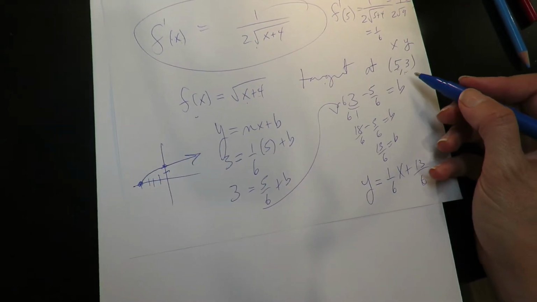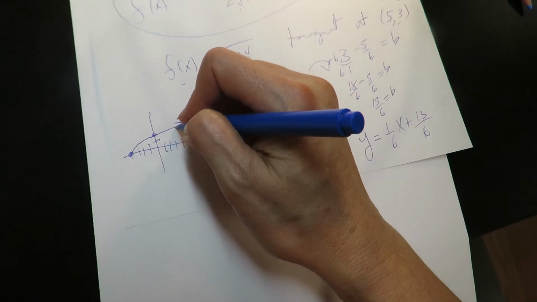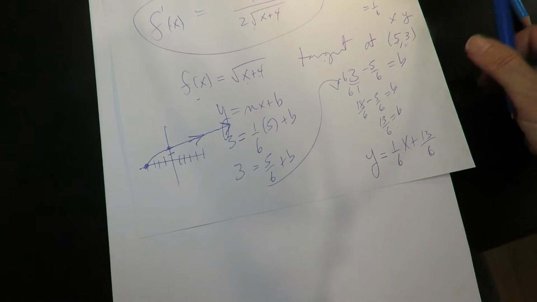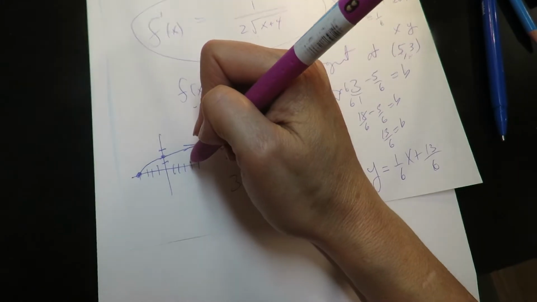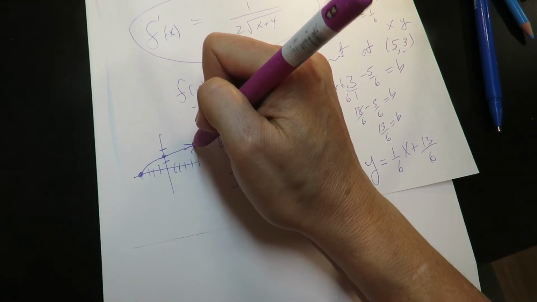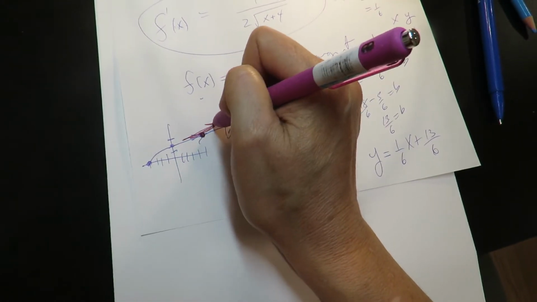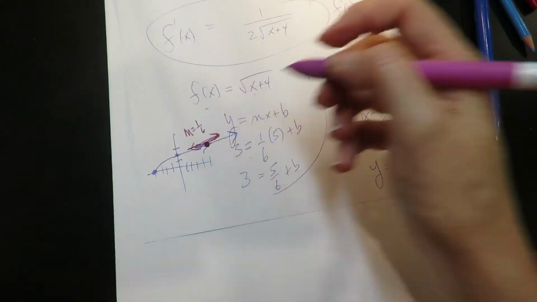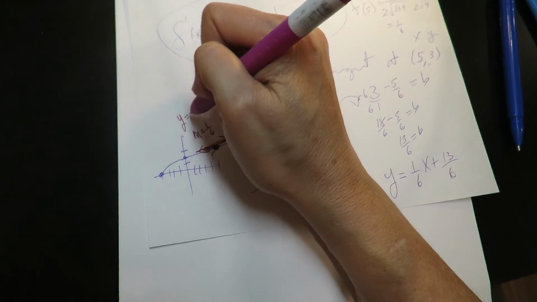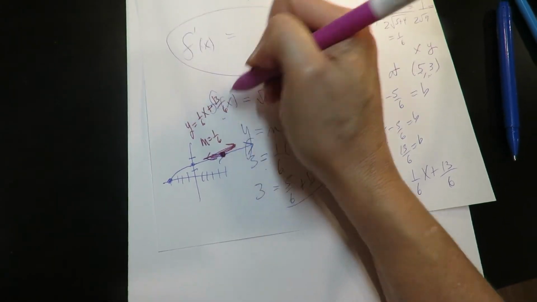So what we did was at the point 5, 3, which is approximately right there, we found the slope. We found that the slope was 1/6, and we found that the tangent line at that point was 1/6 x plus 13 over 6. Okay?